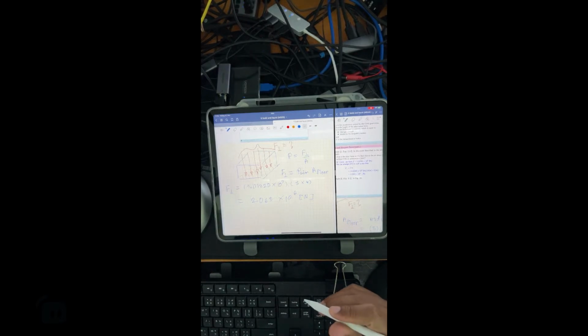It's a little bit darker, but there is no reflection at all.